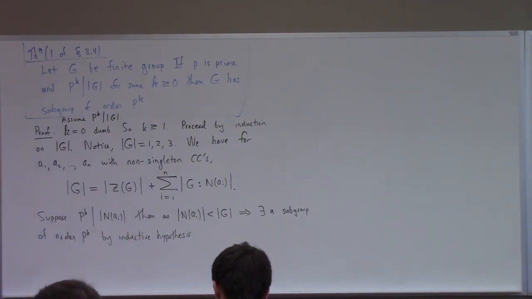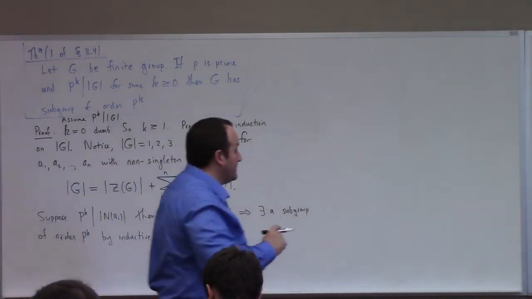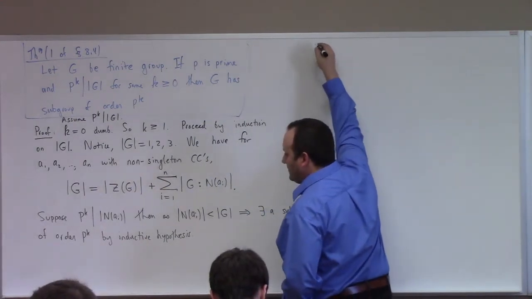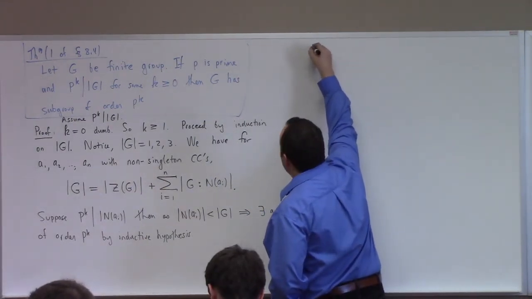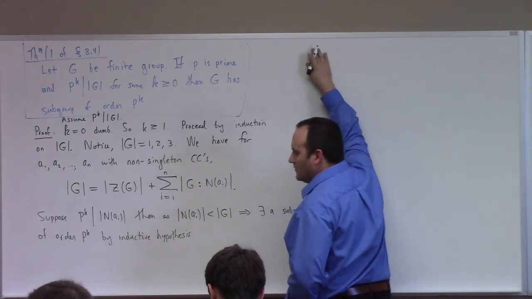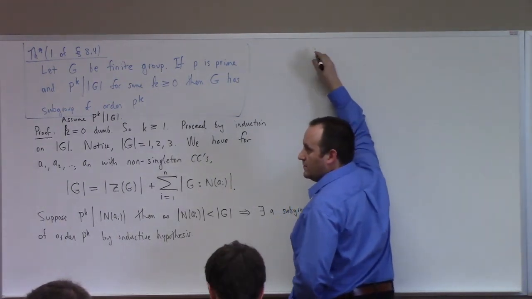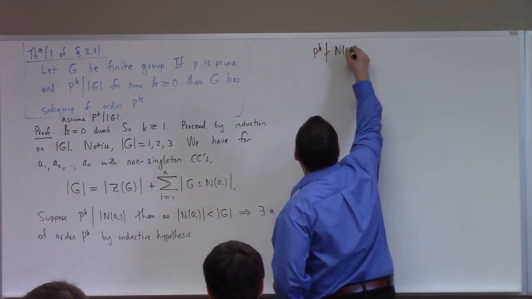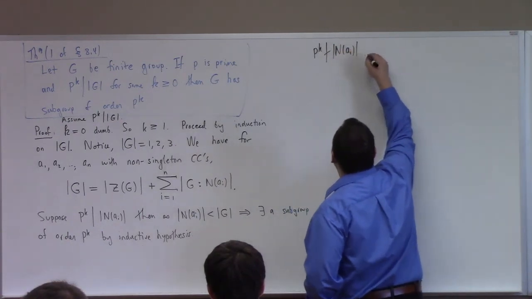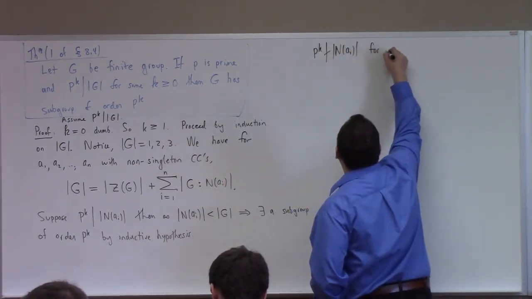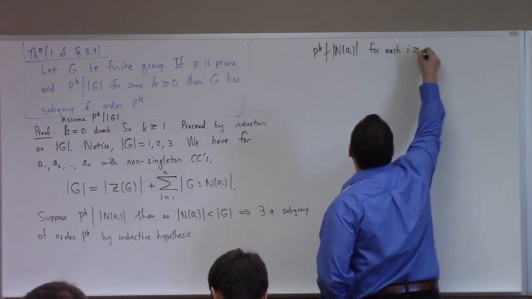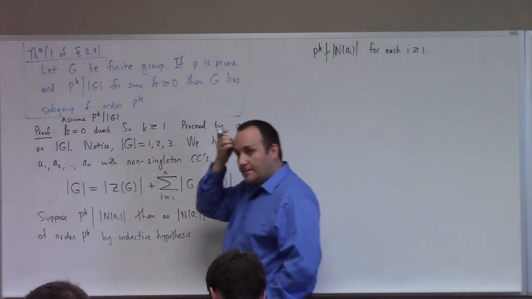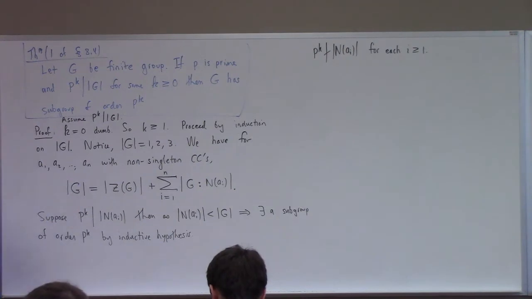What's the other case then? I can't hear you. The cardinality of N of a i is not divisible. So p to the k does not divide the order of the normalizer of a i, for each i greater than or equal to 1. So then what?